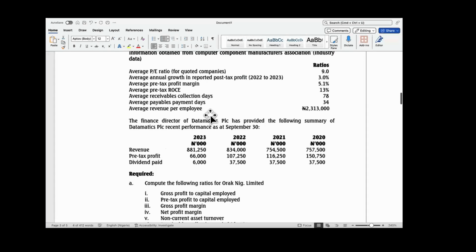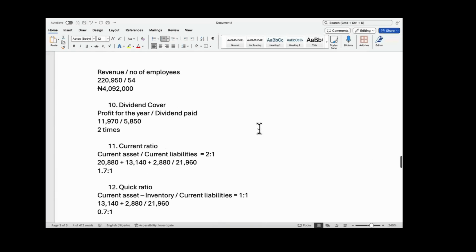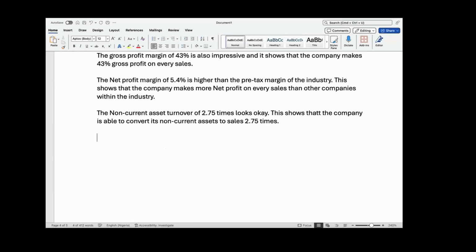What's the industry doing? Industry is doing 78 days. I'm doing 22 days. I'm better than industry. The receivables collection period of how many days? 22 days is better than that of industry of how many days?